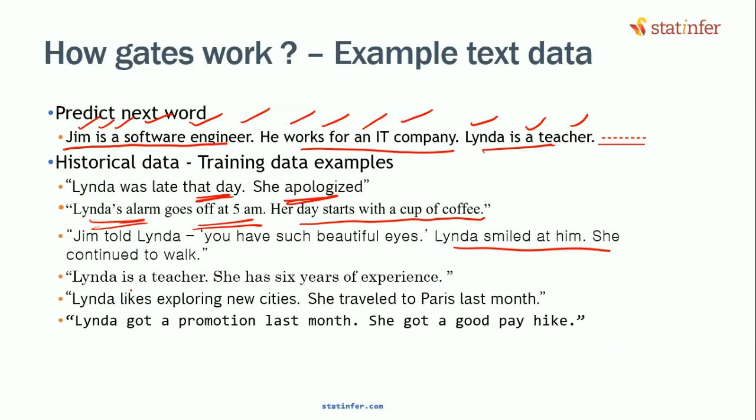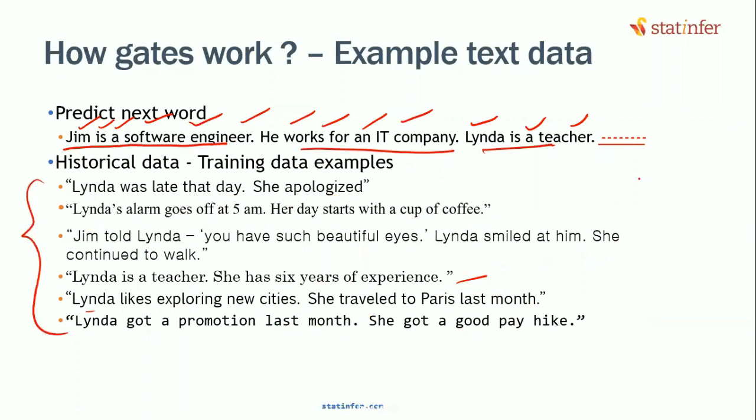She continued to walk. Linda is a teacher. She has 6 years of experience. Linda likes exploring new cities. She traveled to Paris last month. Linda got promotion last month. She got good pay hike. These are some of the examples from this novel. Based on these examples, we are asking LSTM, can you predict the next word?